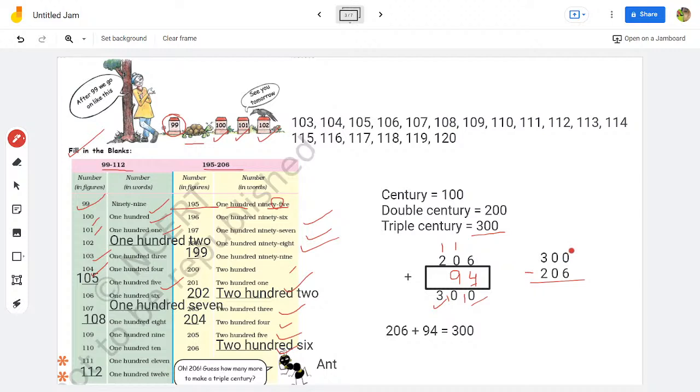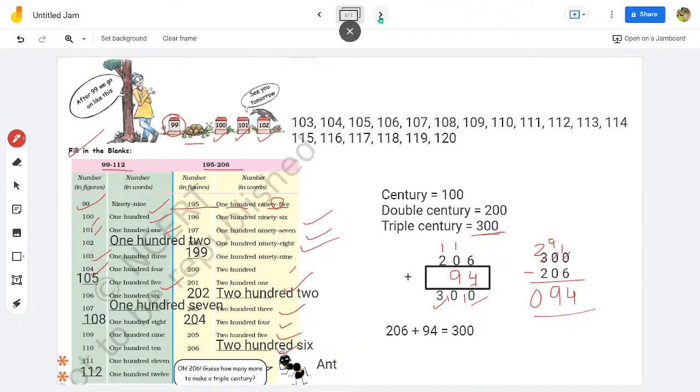Again I would do the same thing. 10 minus 6 is a 4. 9 minus 0 is a 9, and this would become 2. So 2 minus 2 is a 0. So we get 94. So over here, Mr. Ant, you need 94 runs to reach 300. That is triple century, right?